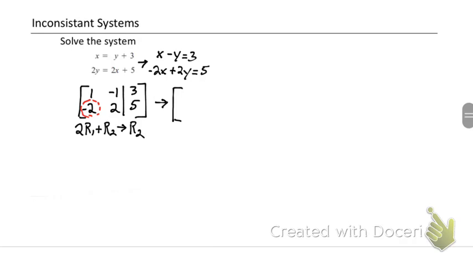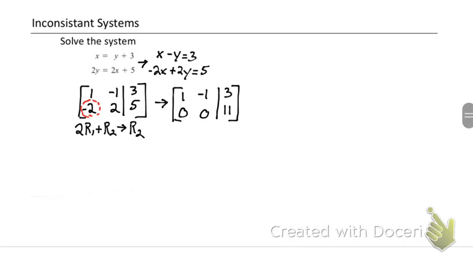2 times 1 is 2, minus 2 is going to be 0. 2 times negative 1 is negative 2, plus 2 is 0. Finally, we have 2 times 3 is 6. 6 plus 5 is 11. I didn't do anything to the first row. And if I tried to go further, I'd be stuck because I need to turn this into a 1.